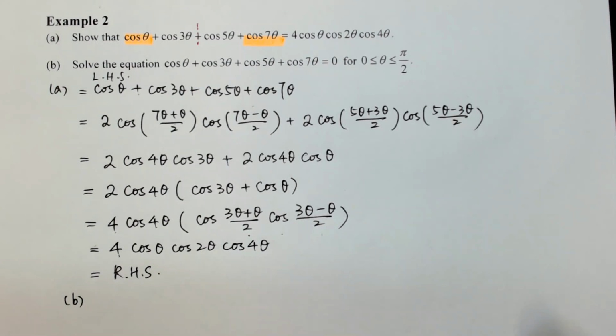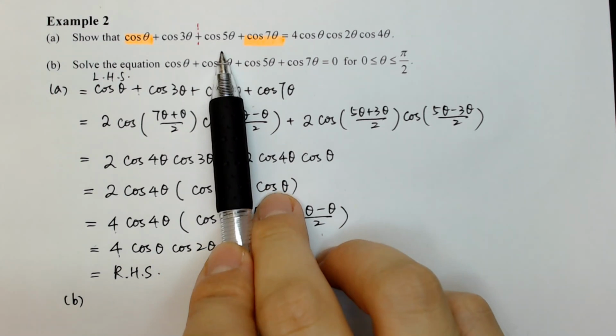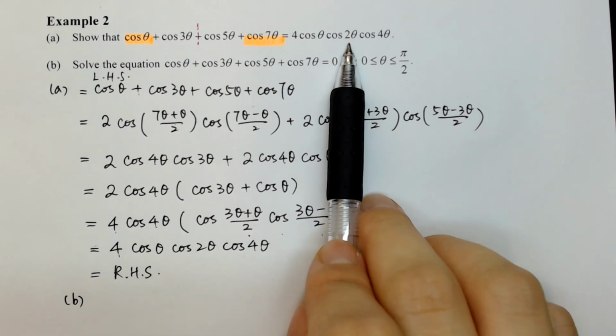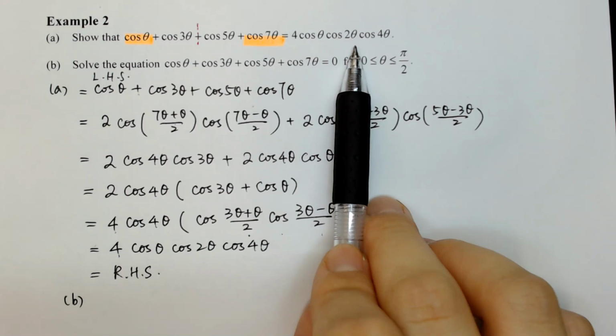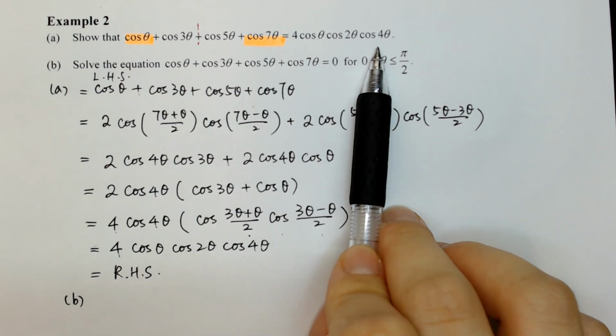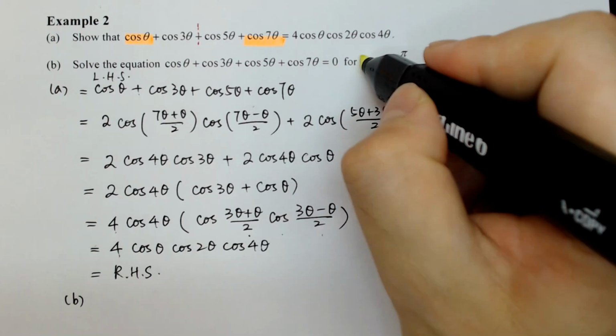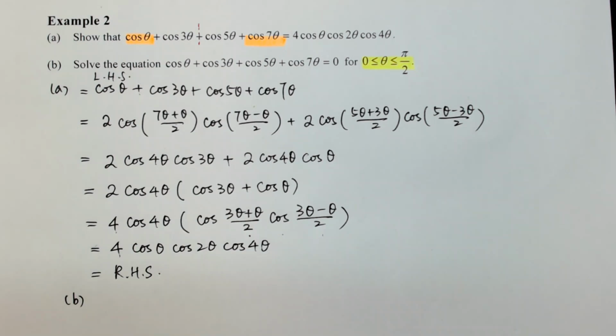Now for part B, you need to solve that equation, which is exactly the same as the left-hand side in part A. That means you need to rewrite them as the right-hand side because it's a factor form. And also, make sure you pay attention to the range of values of theta you need to solve.